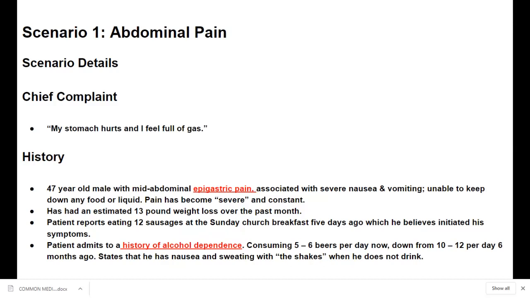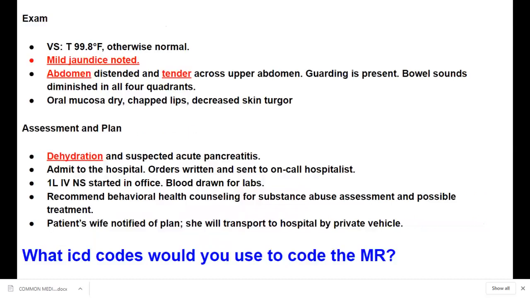He states that he has nausea and sweating with the shakes when he does not drink, but he's still doing 5 to 6 beers per day. So to me, that's active dependence. That's not even withdrawal. He's still within the dependency. So I'm not going to code with withdrawal. I'm going to code alcohol dependency. I think F10.20.